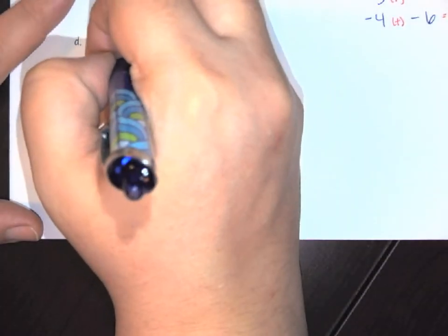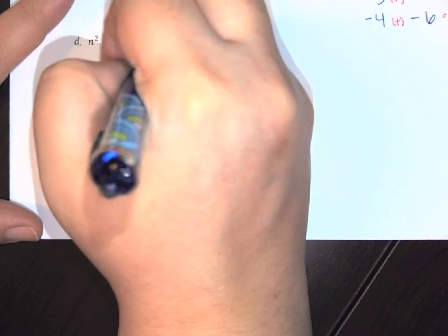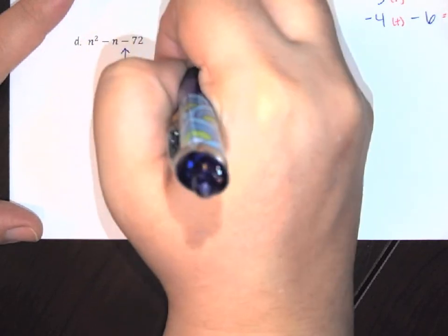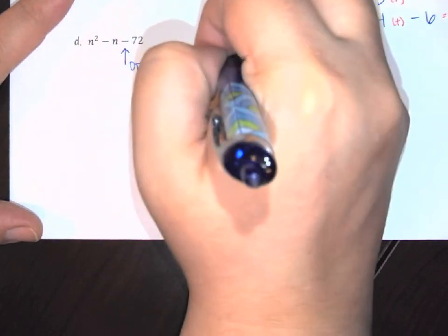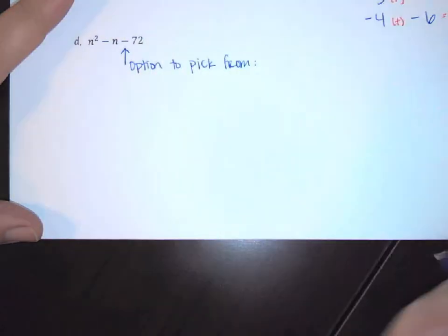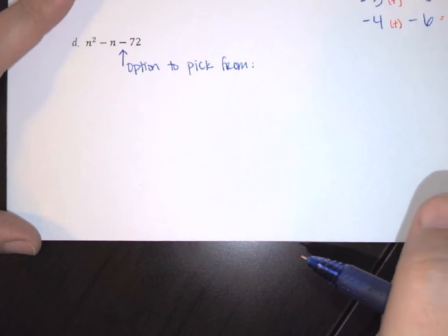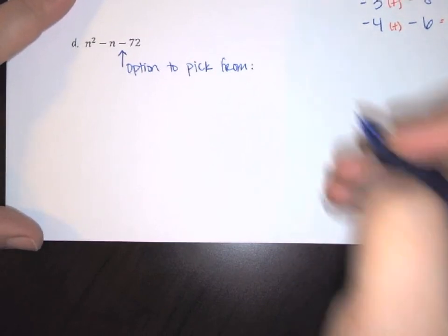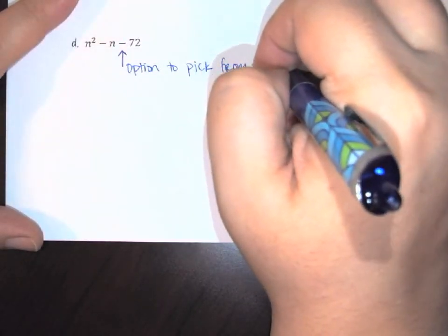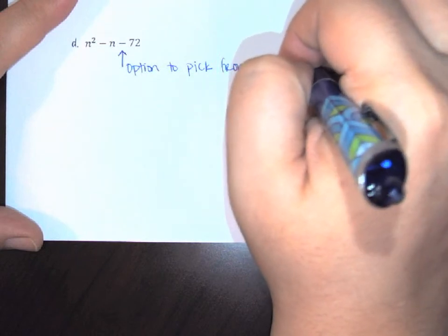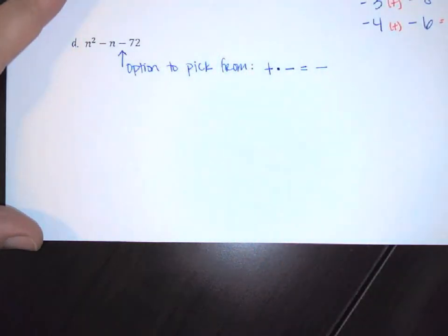So here, the option to pick from is kind of limited. And the reason for that is because there is only one combination that when multiplied together gives me a negative. And that is if I have one positive and one negative, gives me a negative result.